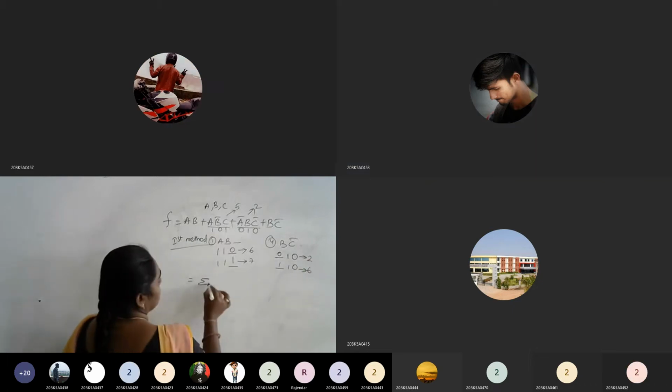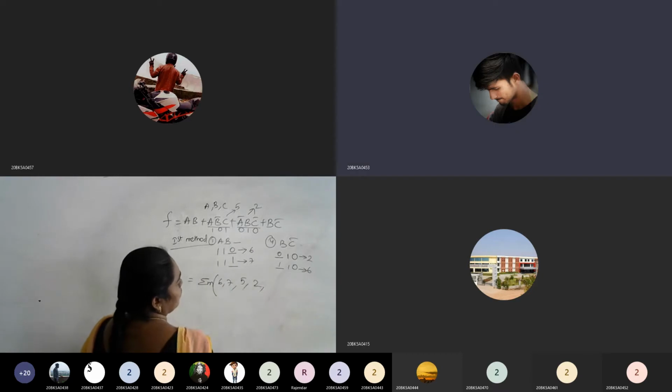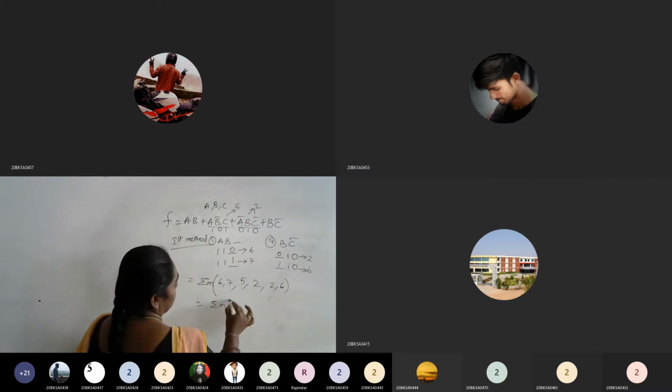Now I can write it this way: sigma m of, in the first term 6, 7, second is 5, third is 2, fourth is 2 and 6. Next, write it in a sequence with increasing order: 2, 5, 6, 7.